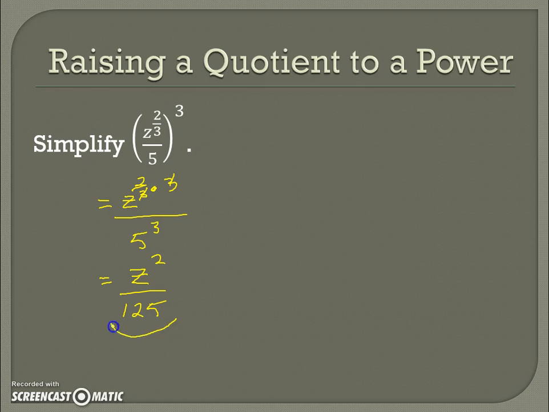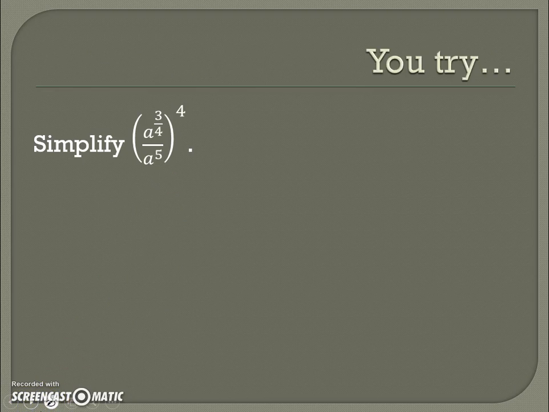So that's all I'm doing on that. It's not the distributive property, but it's kind of the same idea where I'm distributing this to both here and to here. So that's what you're going to do here. You get z squared over 125. Here's one for you to try. Go ahead and pause. The answer will be up in 3, 2, 1.